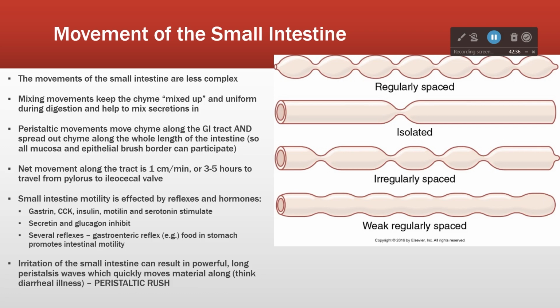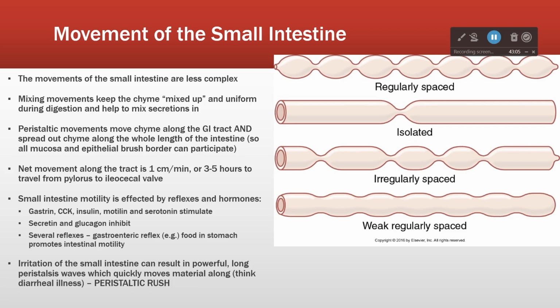Because if you move material through the GI tract really fast, there's no chance for reabsorption to occur. So you get a lot of feces with a lot of water in it, right? So that's our peristaltic rush. When people talk about crampy abdominal pain with diarrhea, this is what they're experiencing, this peristaltic rush, okay?